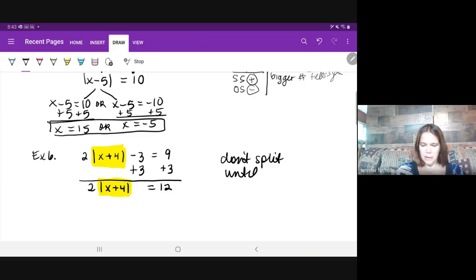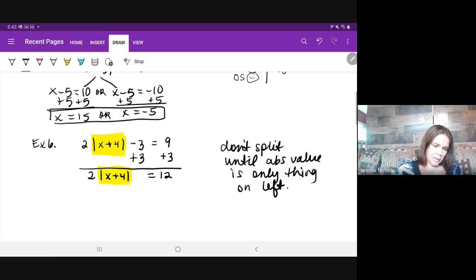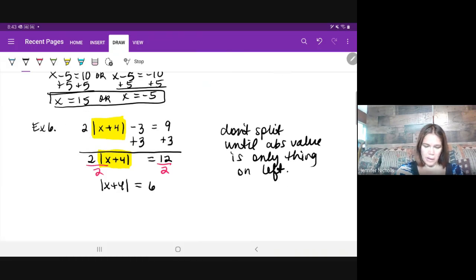until absolute value is the only thing on the left. Okay. I agree. Divide by 2. Okay.